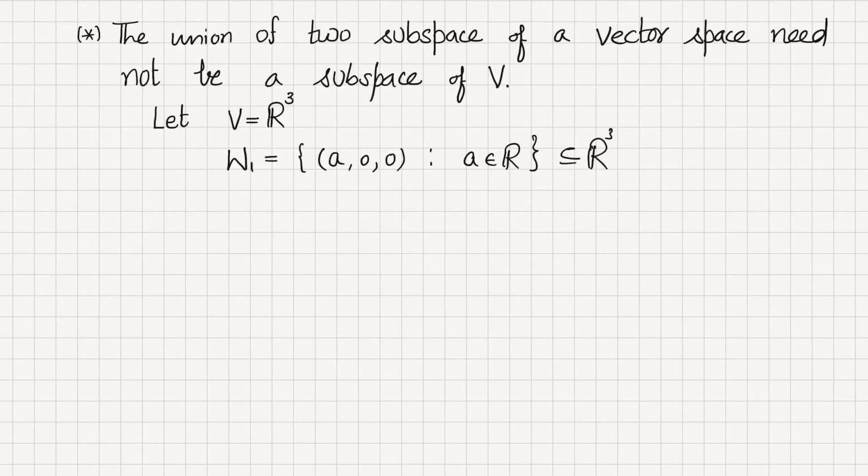The zero element is there, because a is a real number so it can be zero, so it is non-empty. If you take any two elements of this type, their sum will again be of this type, and scalar multiplication will again be in W1. That means W1 is a subspace of R3. Similarly, take W2 as the collection of all elements of the type (0, b, 0), where b is again a real number. The same scenario holds, so it is again a subspace of R3.